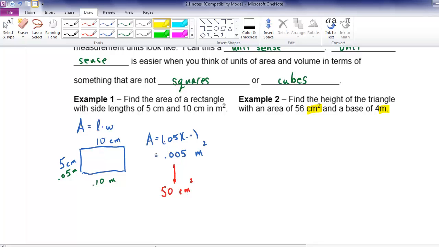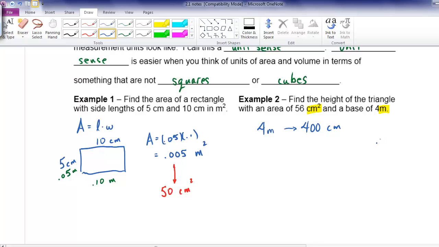So the first thing we really want to do is convert 4 meters into the dimension we want, centimeters. We could have also changed the centimeters squared to meters squared, but that would have ended up being a not nice decimal.